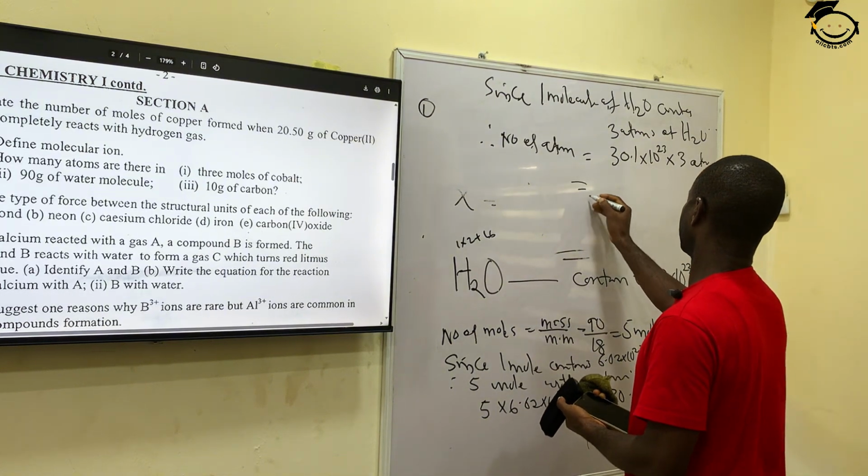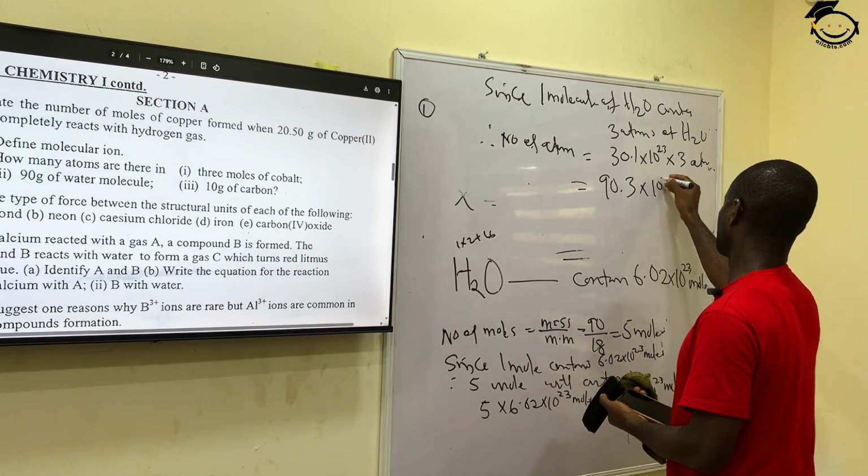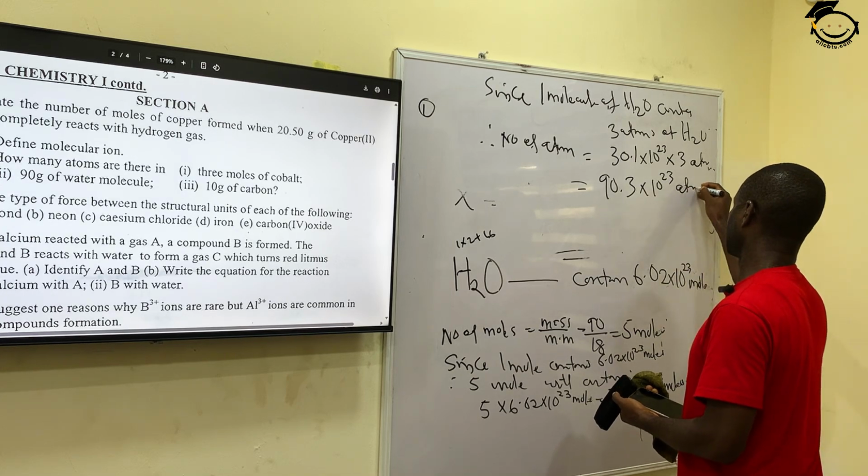So in this case, we have 90.3 times 10 raised to the power 23 atoms.